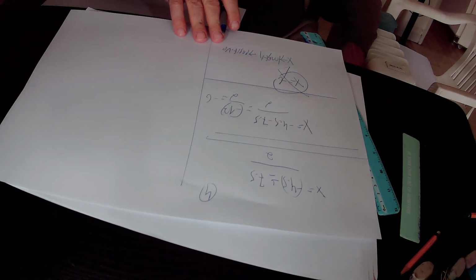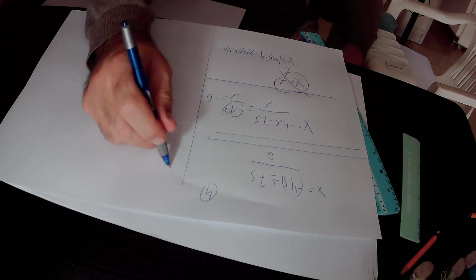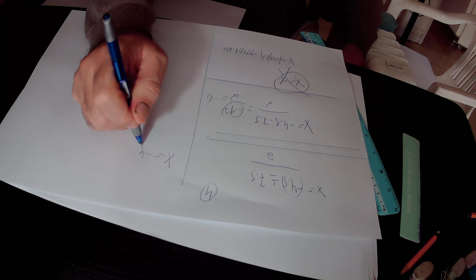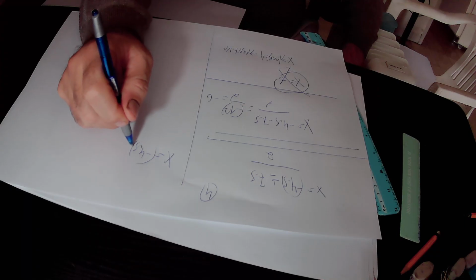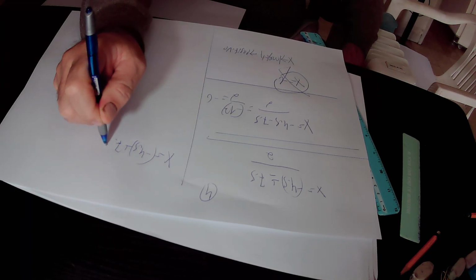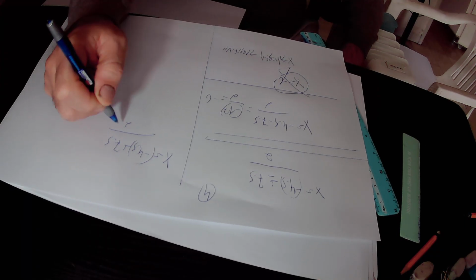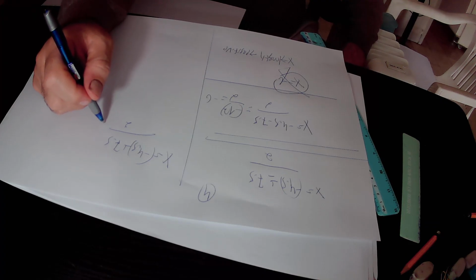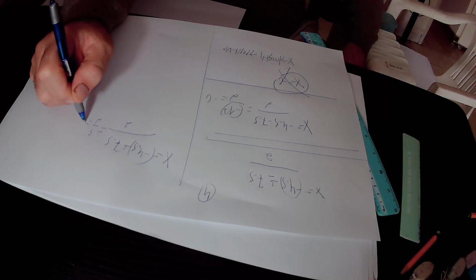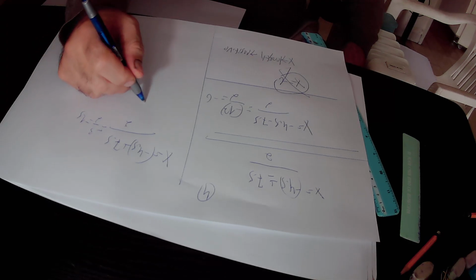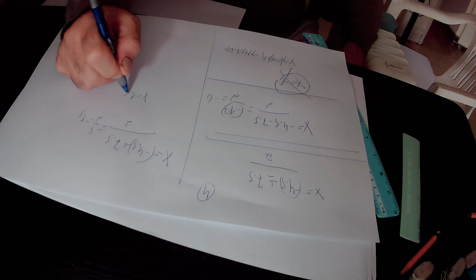The second solution for x is as follows. x equals minus 4.5 plus 7.5 over 2. Minus 4.5 plus 7.5 is 3 over 2. 3 over 2 is 1.5. So we found that x equals 1.5 units in length.